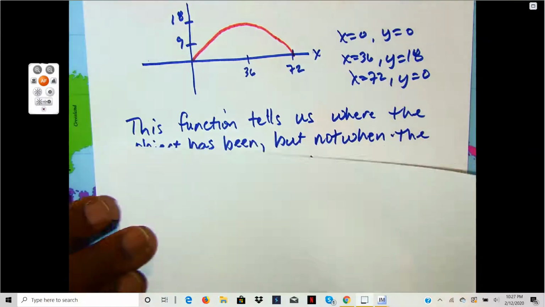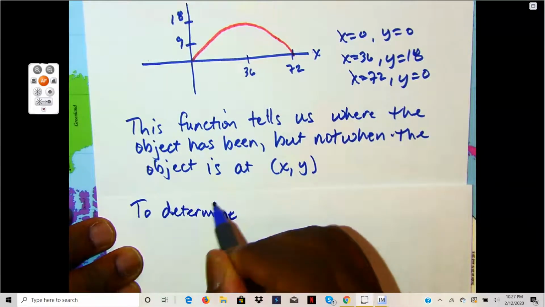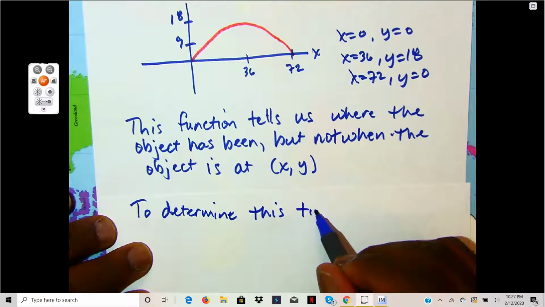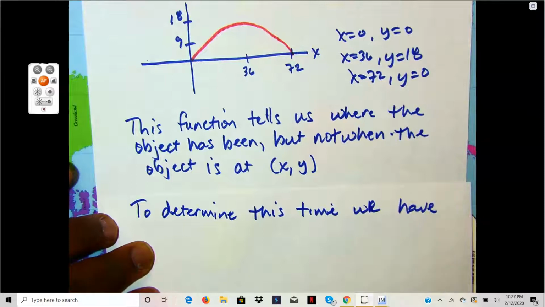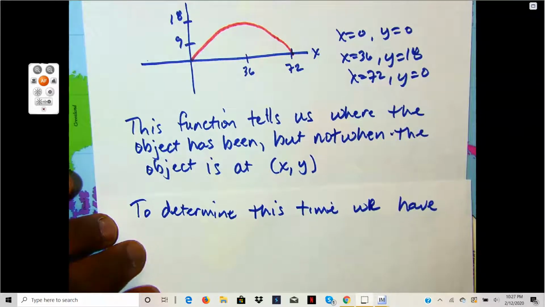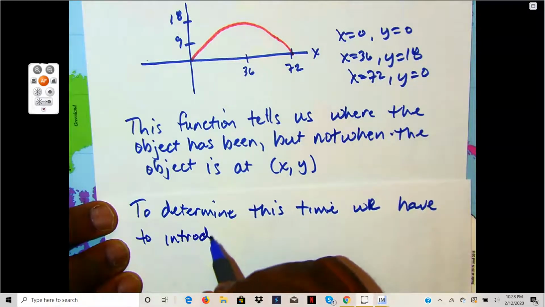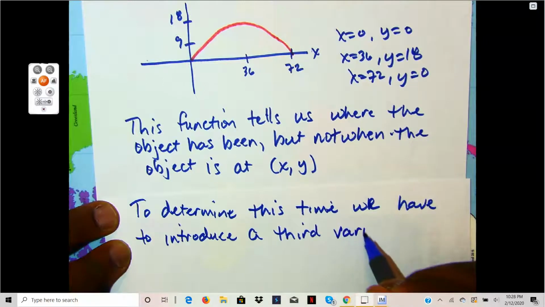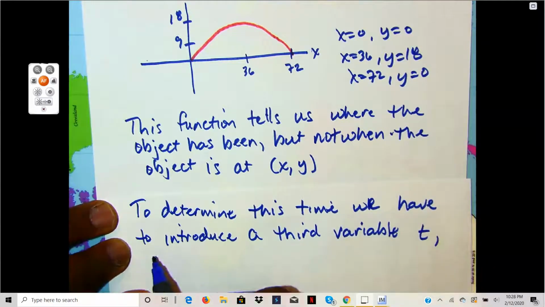So to determine this time, we have to introduce a third variable, t, which is called a parameter.